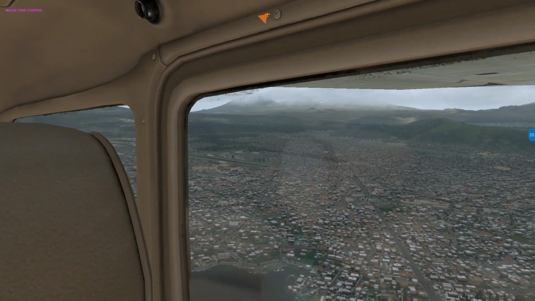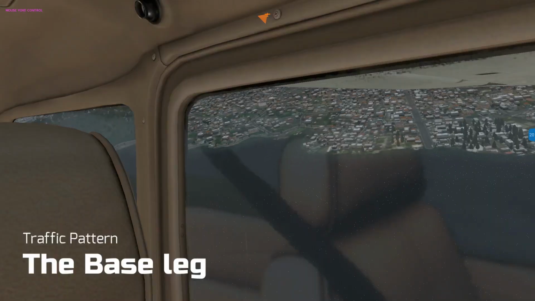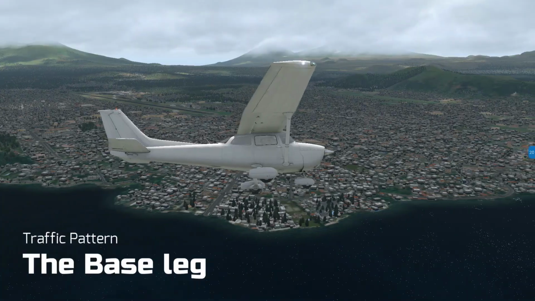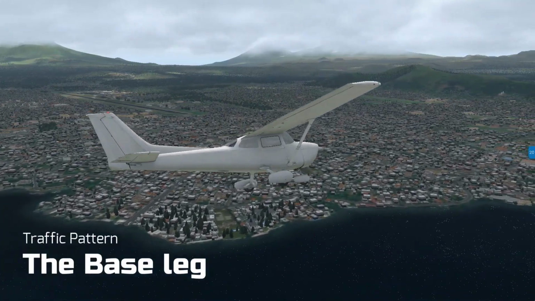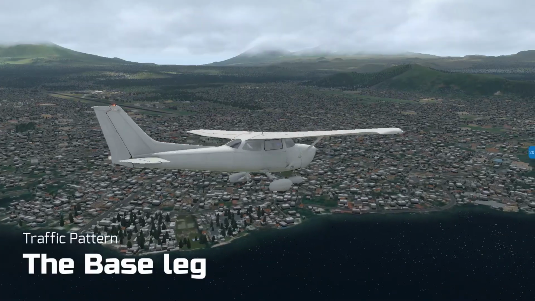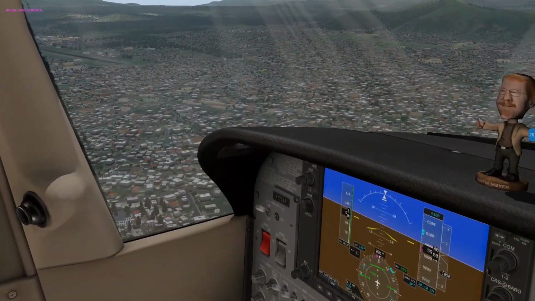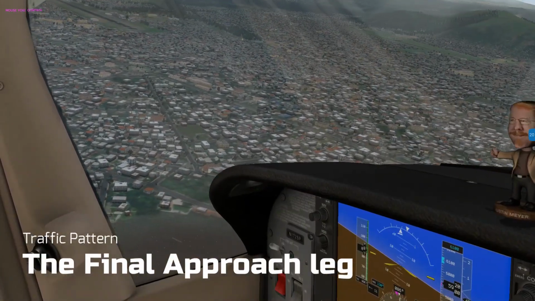Alright, 45 degrees now. Let's turn to the left on a target heading of 85 degrees and start our descent. Let me start heading to the runway now. There is something I want to show you.